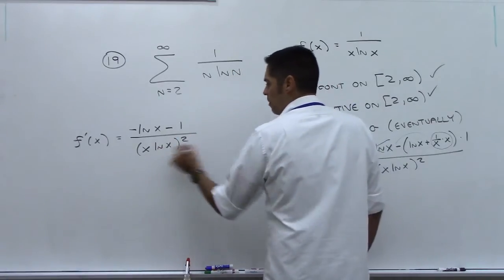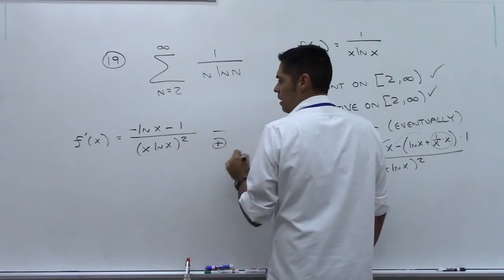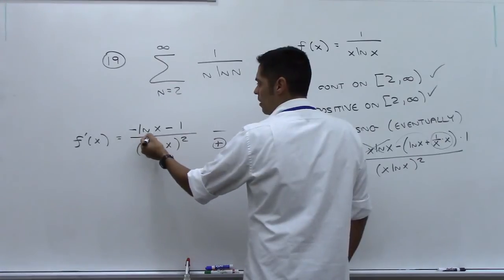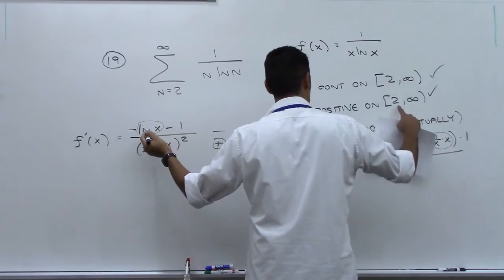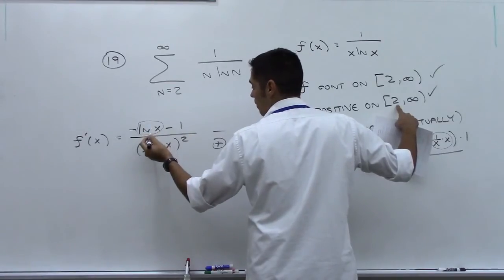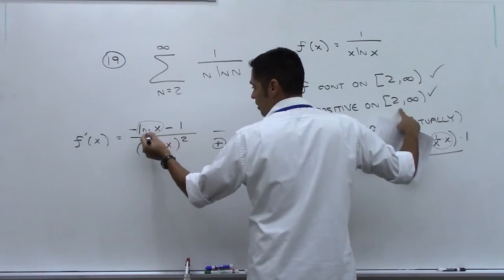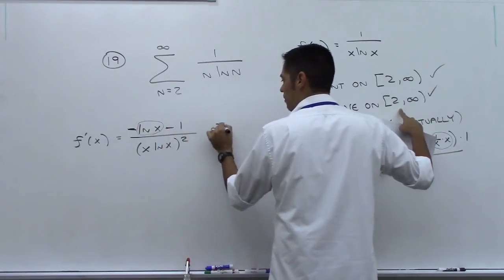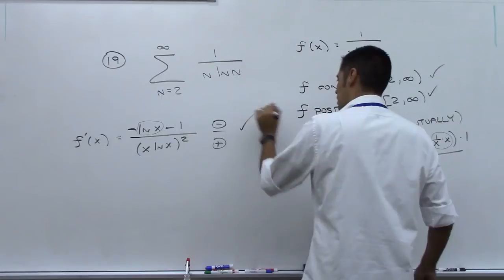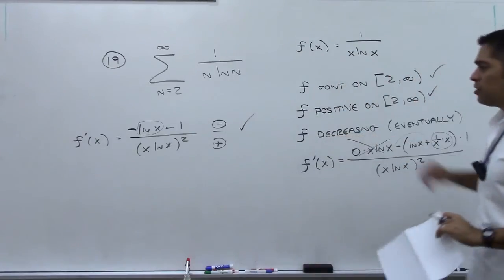Now, the bottom is always positive. In the numerator, natural log of x is always positive as long as I'm past 1, and I'm starting at 2. So that's always positive, and then make it negative. So negative number minus 1 is still negative. So I have a negative over a positive. That checks out. That's negative. So my function is decreasing.